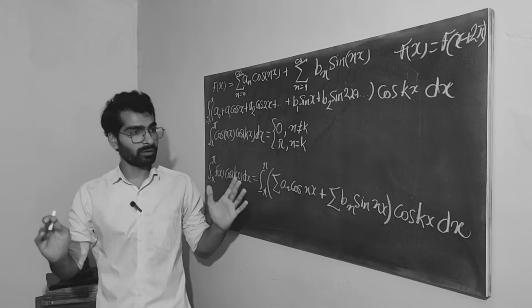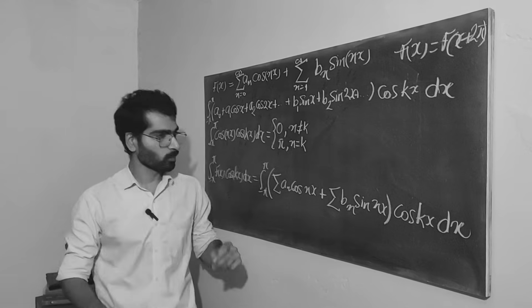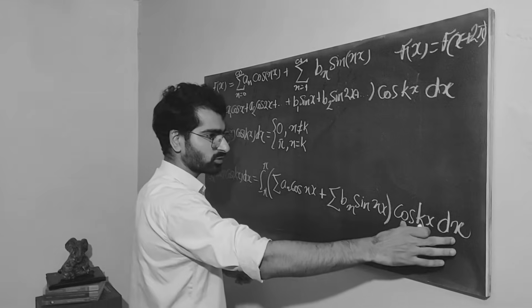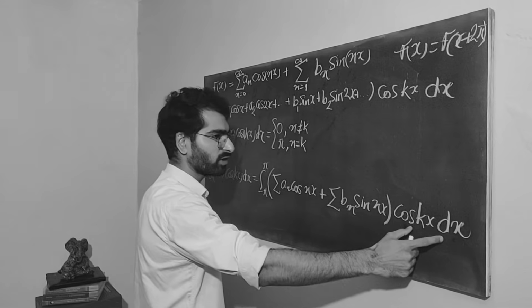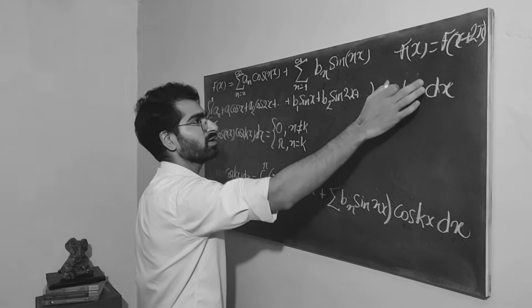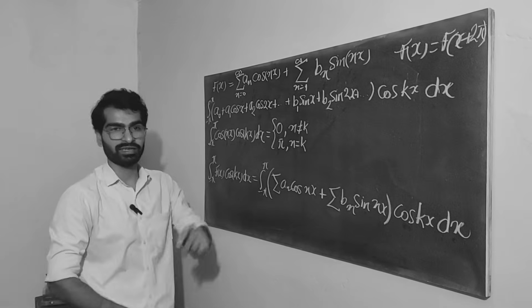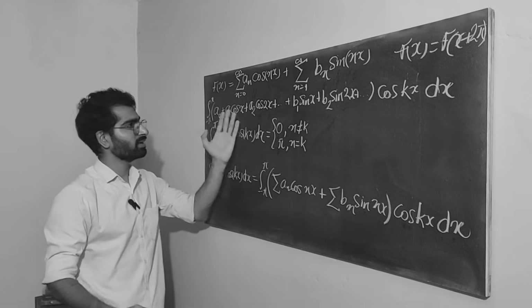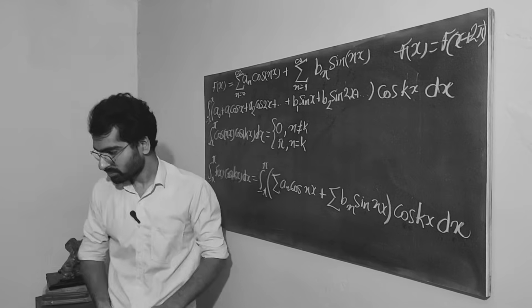And now follow me closely, because many things are going to disappear. When I take my cosine of kx dx with the integral sign and I distribute it inside, it's like multiplying each term inside with the integral sign. So you have individual integrals, an infinite number of integrals.